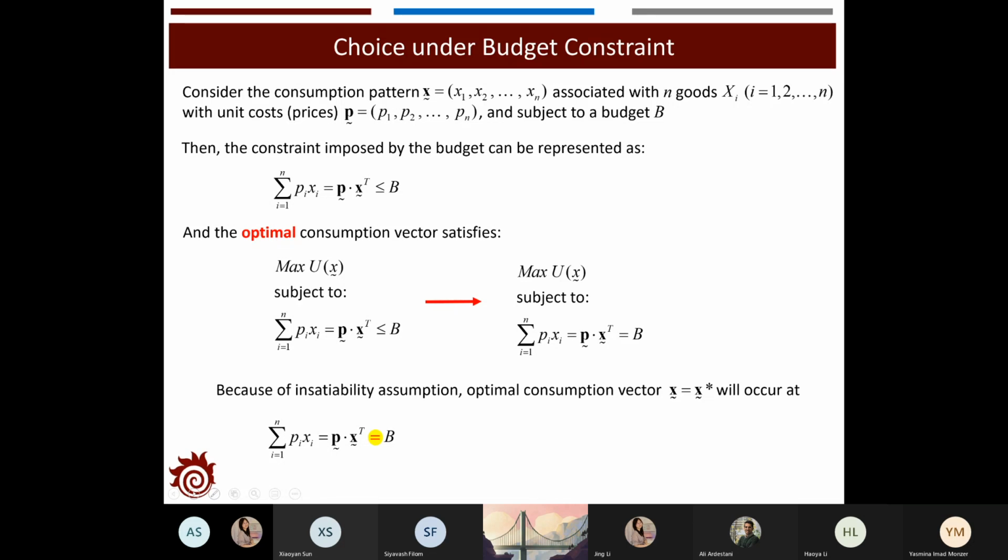We have the budget constraints to maximize the utility of a set of products, and based on this optimization, we can find that the value of xi will be determined by three variables. The first is the price of all the products. The second is the total budget you have to spend. And the last is the form of the utility function.